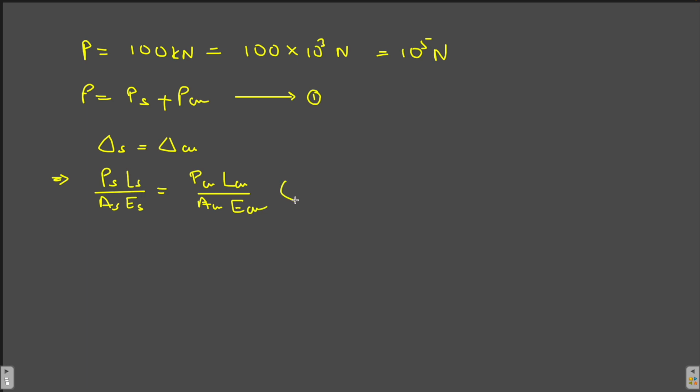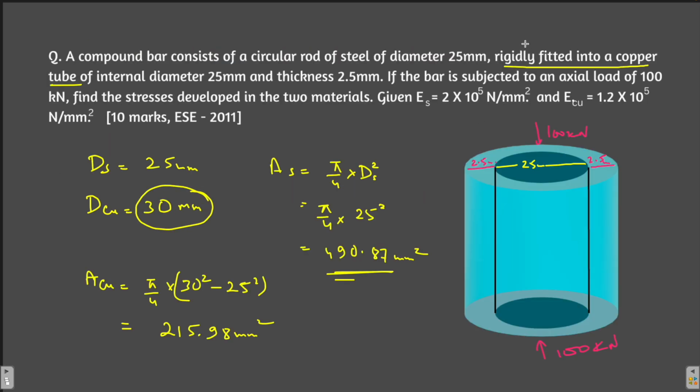This is because of the compatibility equation. And how did we write this? We wrote this because change in length in both the bars will be same because both the bars are rigidly held together, rigidly fitted together. It is given in the question. It is a clue given to us.